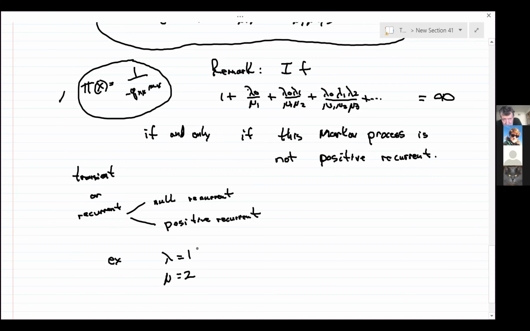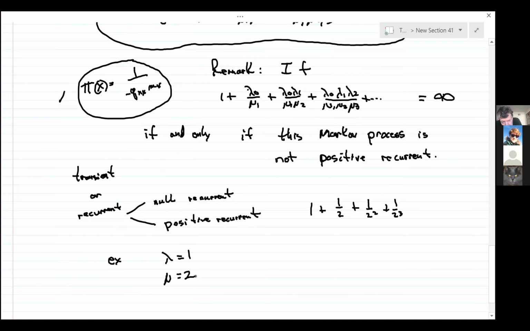If you have that example, what happens to the series? So take a look at it. It's 1. Lambda 0 over mu1 would be 1 over 2. This would be 1 over 2 times 1 over 2, which would be 1 over 2 squared. This would be 1 over 2 cubed, and so forth.